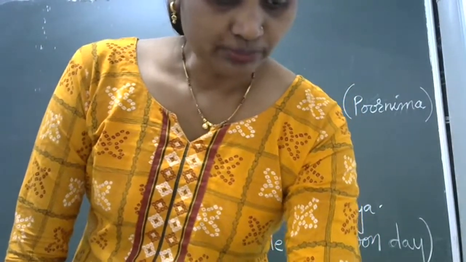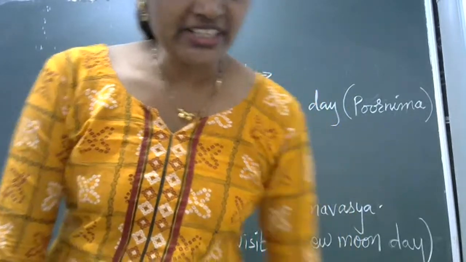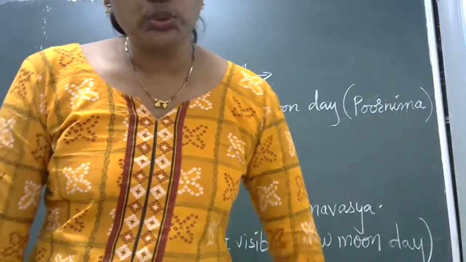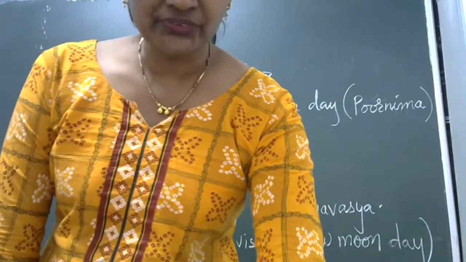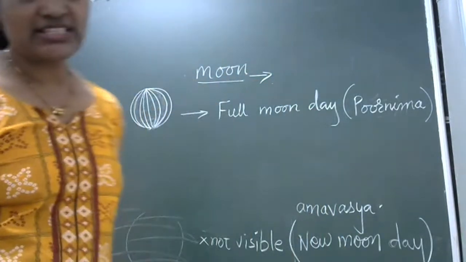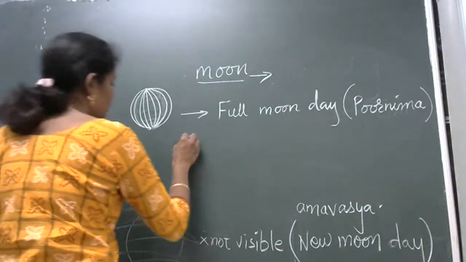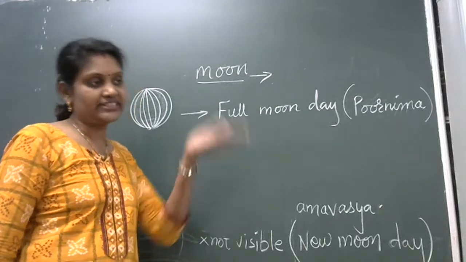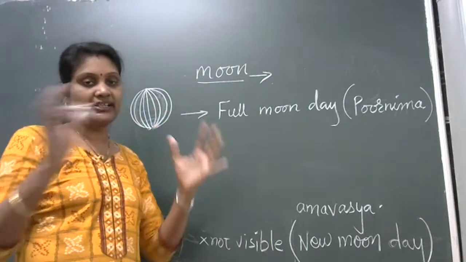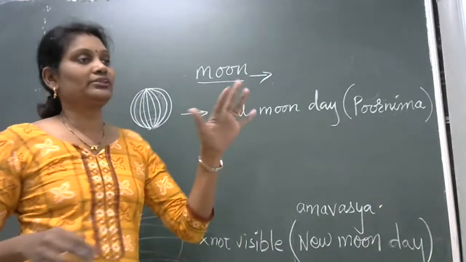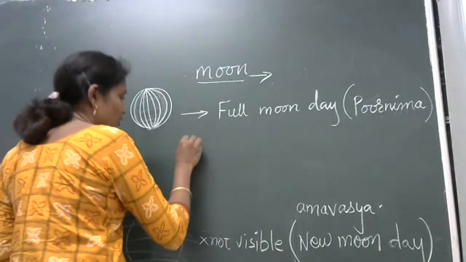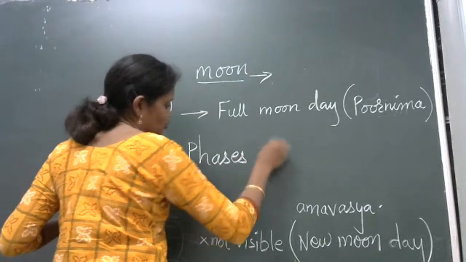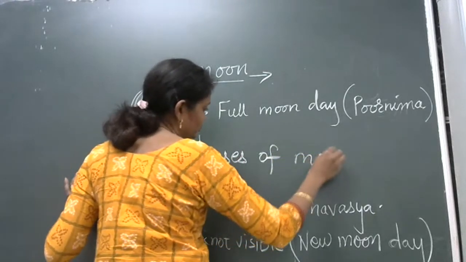Okay, so the various shapes of the bright part of the moon as seen during a month are called as phases of the moon. So ये जो जितने भी पार्ट हमें 15 डेज में दिखते हैं, 15 डेज के बाद फिर पूरा दिखने लगता है, और so all these shapes are called as phases of moon.